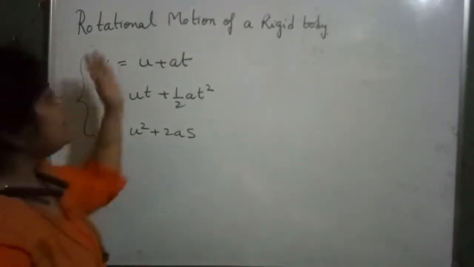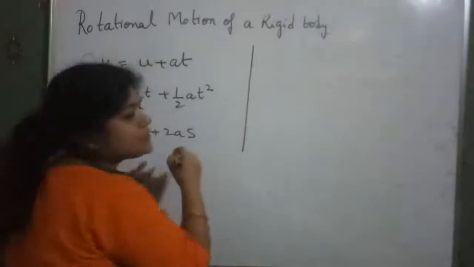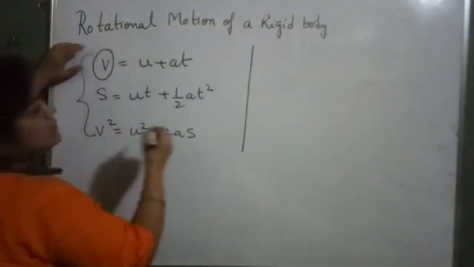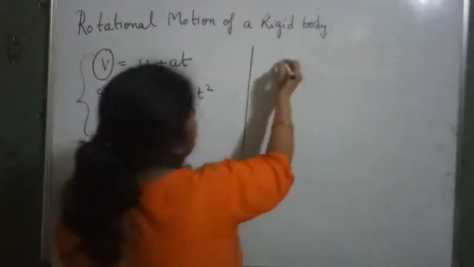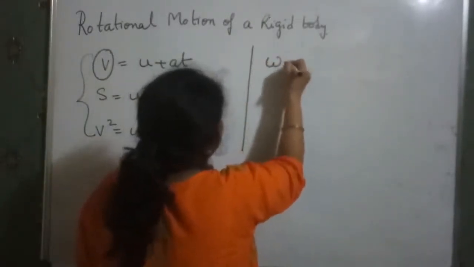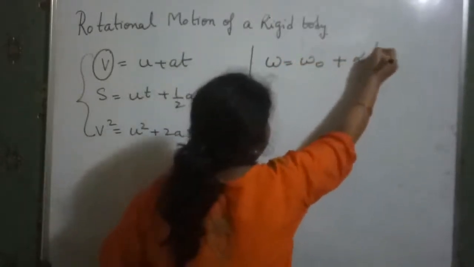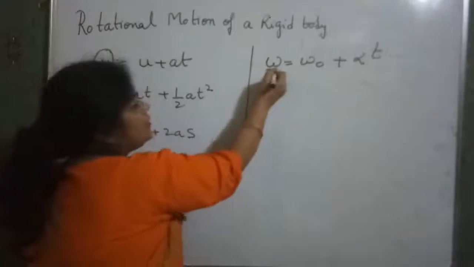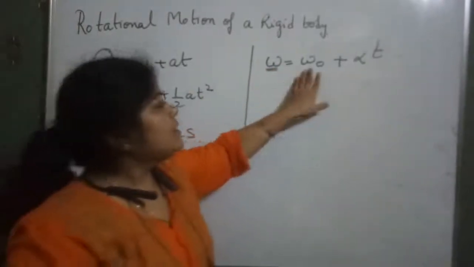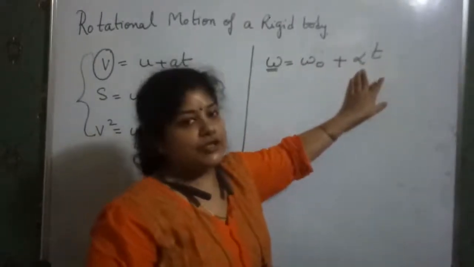Whenever there is a rotational motion case, these equations are transformed in this way. For linear velocity, we have v. For angular, we have omega is equal to omega 0 plus alpha t, where omega is the final angular velocity, omega 0 is the initial angular velocity, and alpha is the angular acceleration.